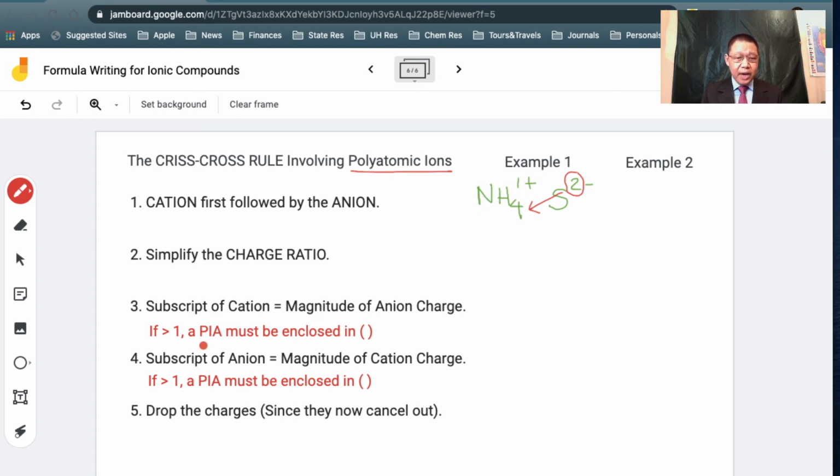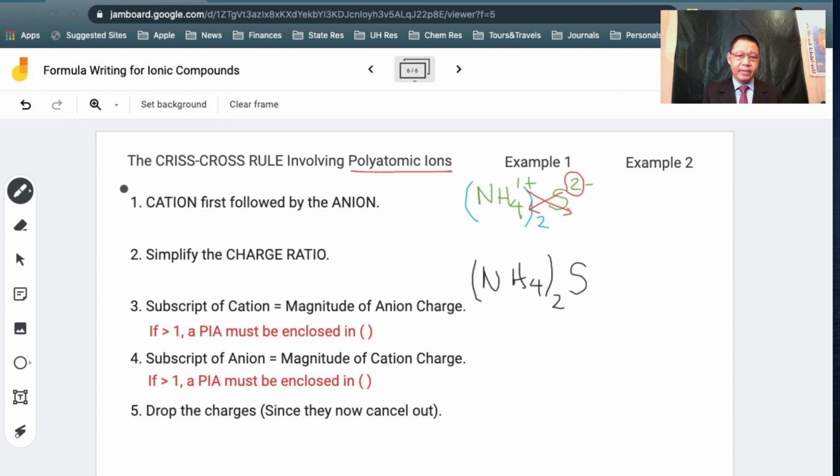Well, when you have a polyatomic ion and you know that it's going to have a subscript that's greater than 1, which in this case is true, you have to enclose your ammonium in parentheses first, and then you write the subscript outside. And then you do the same for the anion. The 1 becomes a subscript of sulfur, and you don't have to write it down. And so at the end, your final formula is going to be (NH4)2S.